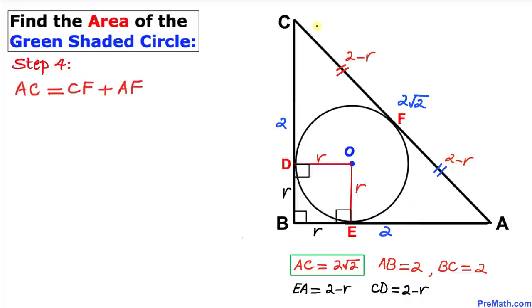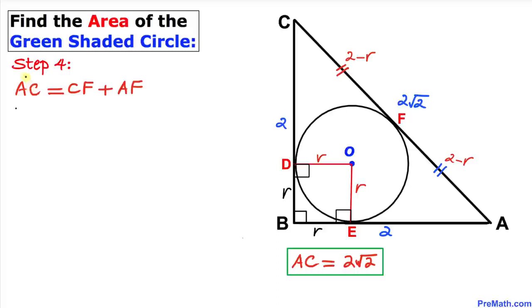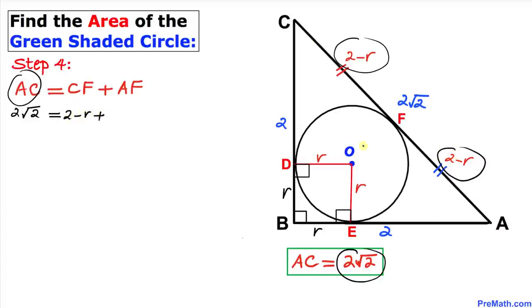Now let's focus on this line segment AC, which we can see equal to this CF and then plus AF, isn't it? So in our case, CF is 2 minus r and AF is 2 minus r as well. So let's go ahead and simplify. In our case, AC is 2 times square root of 2. Let's write down 2 times square root of 2 equal to CF in our case is 2 minus r plus again AF is 2 minus r again.